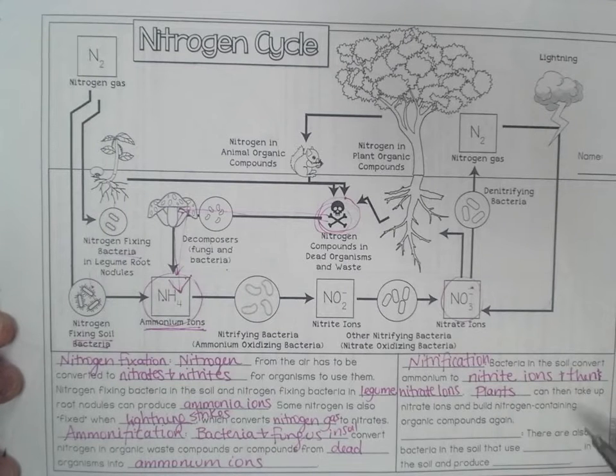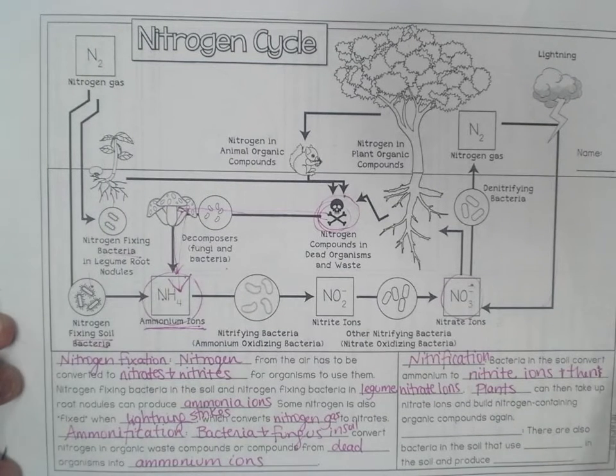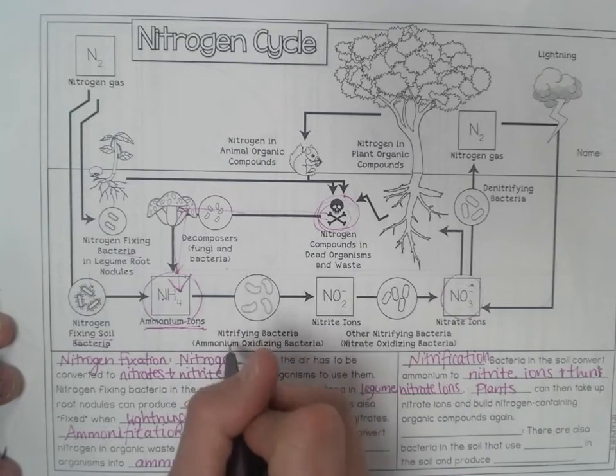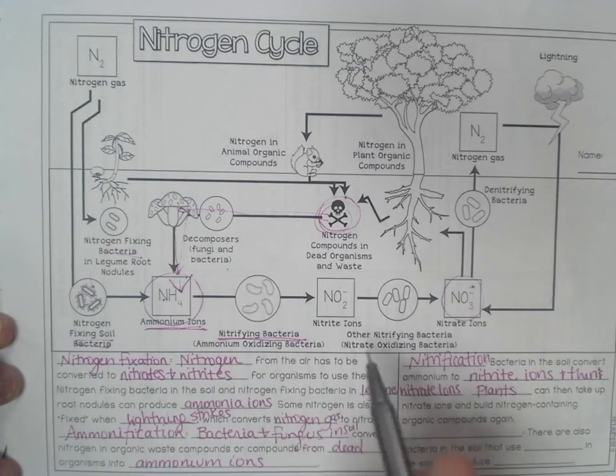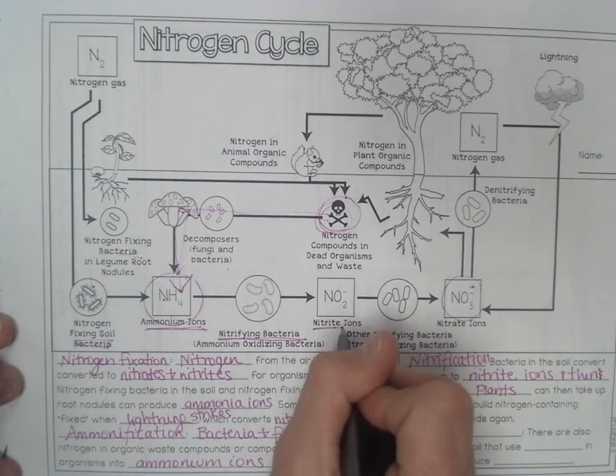So, okay, the plants are not happy with just the ammonium. They can't use ammonium. So then there's these nitrifying bacteria that take this ammonium and convert it to nitrite.